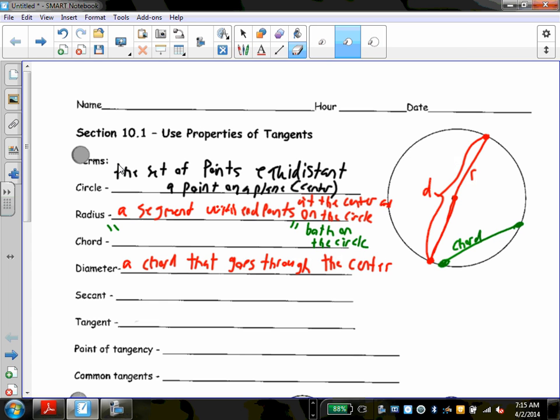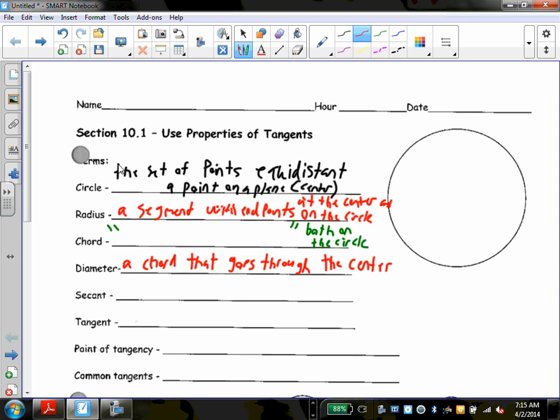I'm going to erase a little bit of stuff on the picture just to clean it up a little bit before our next terms. A secant is basically what would happen if you took a chord and you turned it from a segment into a line. So you have your 2 points in the circle, and basically there's your chord.